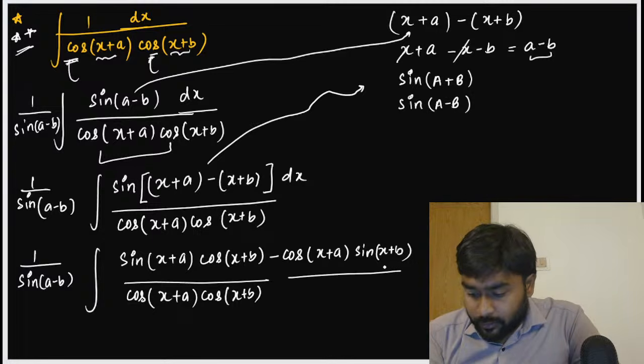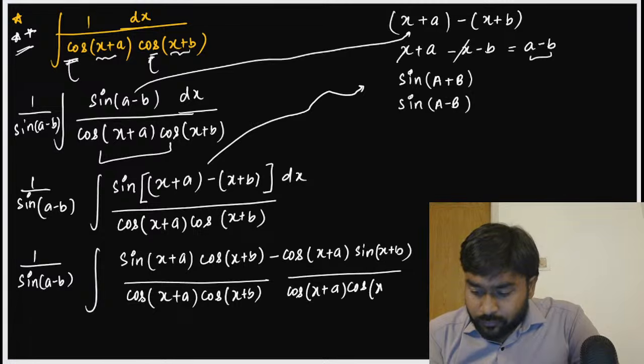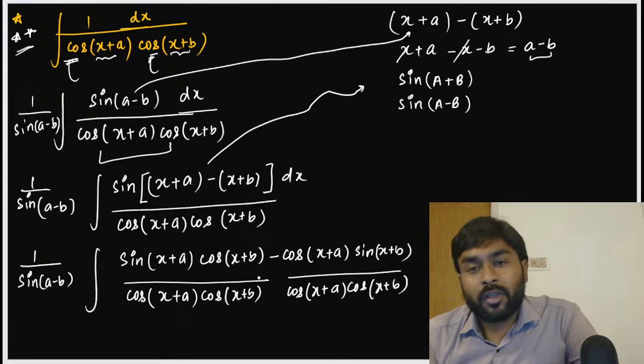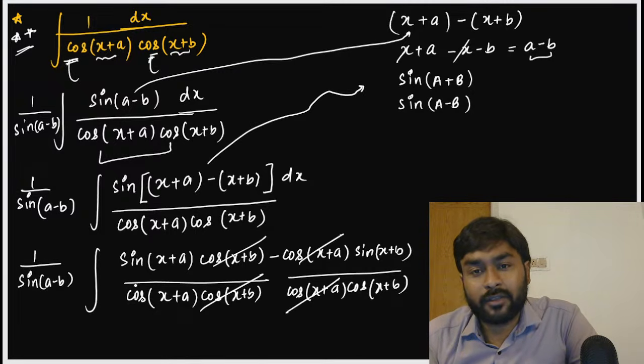And here also we will separate cos x plus a cos x plus b. Okay, so done. After this, this and this will cancel. Here, this and this will cancel.